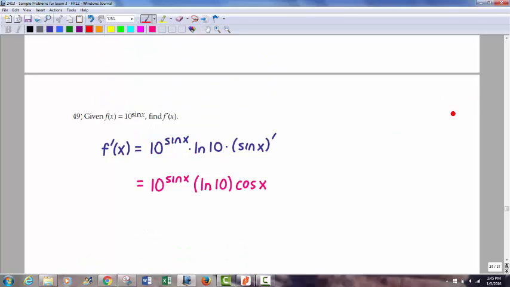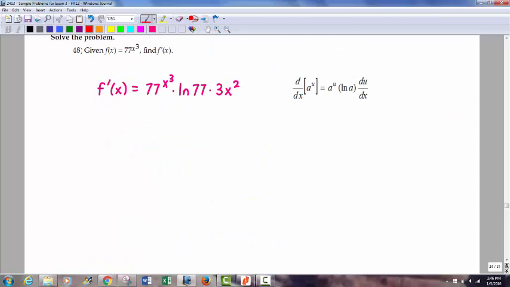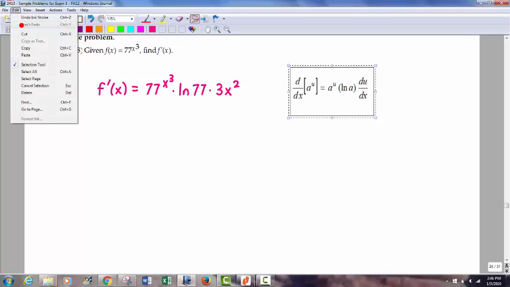Number 49, same formula. I guess I could go ahead and copy that down.